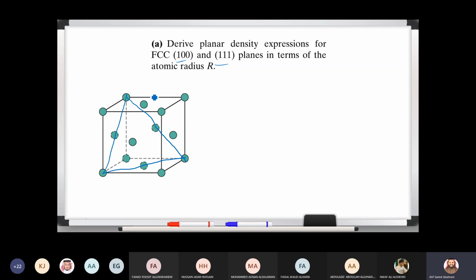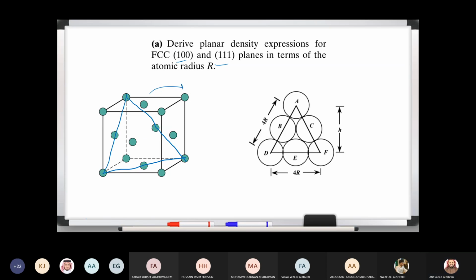And if you try to draw it in 2D, it will be something like this. So here, this is the base, which has 4R, 1R, 2R, 1R. And here also we have 4R, and here we have also 4R.